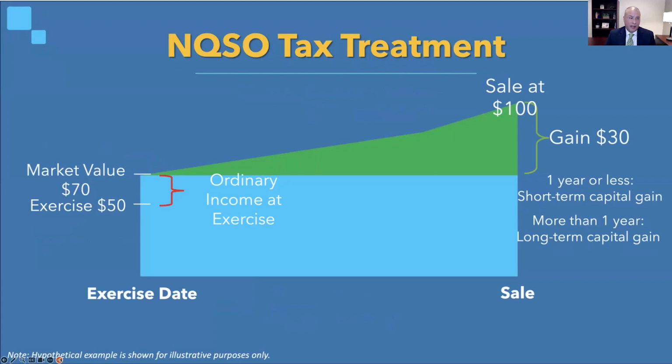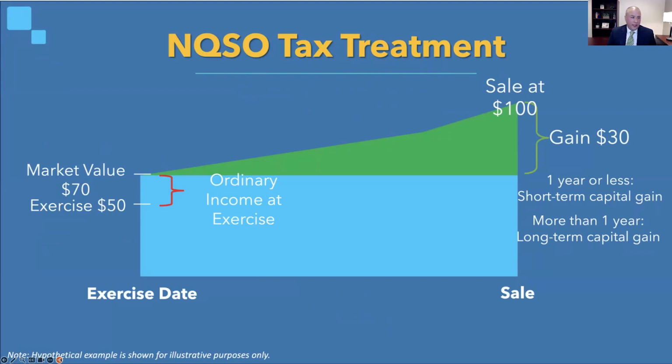So speaking of tax consequences, let's walk through the basic non-qualified example here. Again, let's go back to the stock price where it was up. It moved in the right direction for you, right? So the exercise price, again, is $50 per share. It's currently trading at $70 a share.